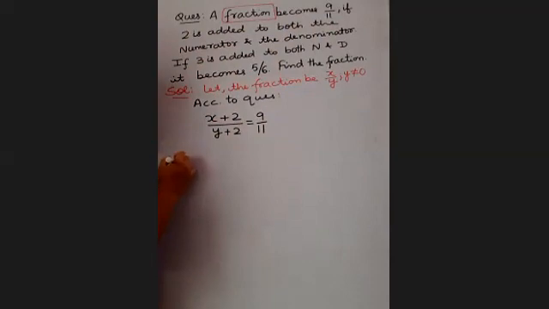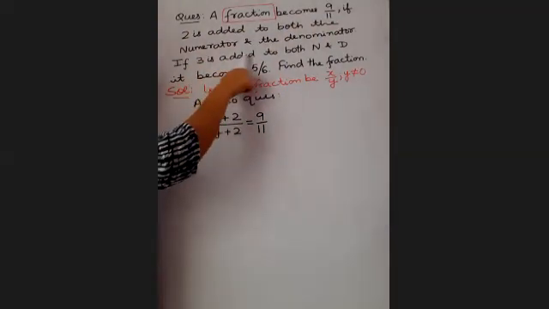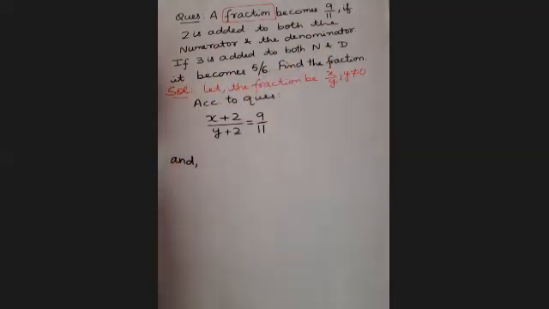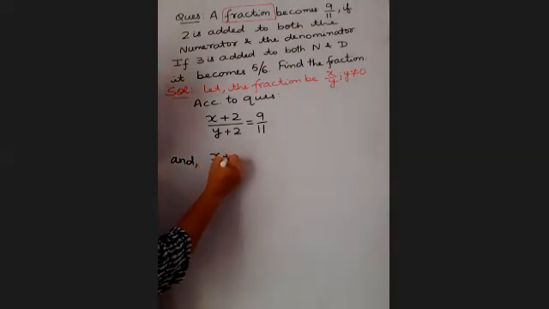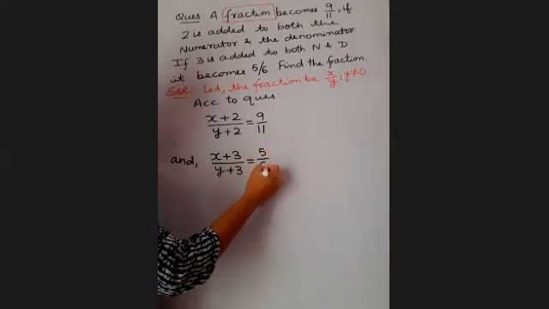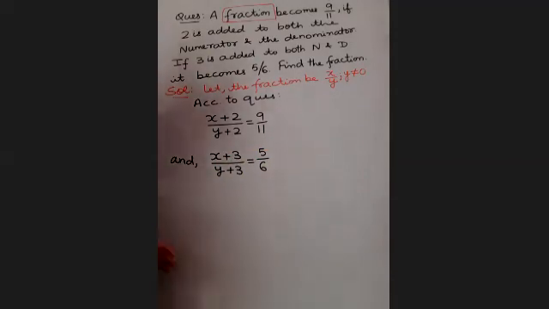And the second condition says, if 3 is added to both numerator and denominator, it becomes 5 by 6. So that means, if you add 3 to both, what does it become? 5 by 6. Now we have got equations in n upon d form.